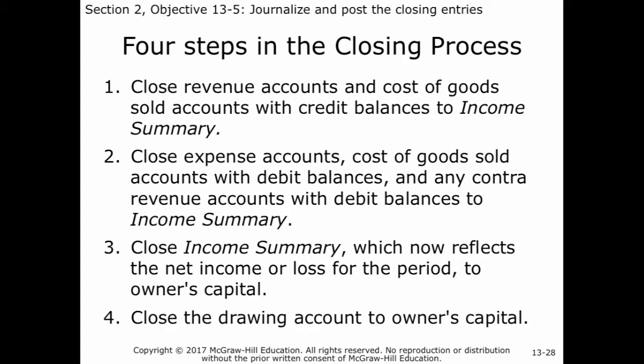And then next we will close the income summary, which will now reflect the net income or loss for the period to owner's capital. And finally, last step will be to close the drawing account to owner's capital.